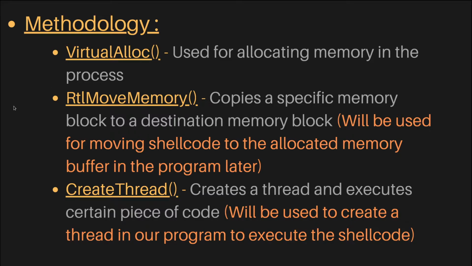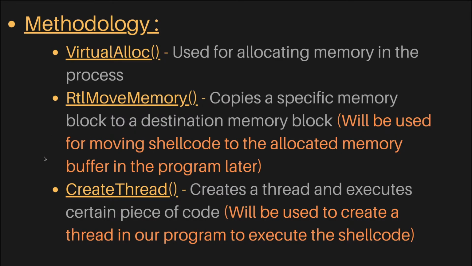So we use the VirtualAlloc function to allocate memory in the process address space, which is basically nothing but some blank bytes in the process, and then we use the RtlMoveMemory function to actually move the shellcode to the allocated memory buffer in the process. RtlMoveMemory basically copies a source memory block to a destination memory block. As I mentioned, we are going to use this for moving the shellcode to the allocated memory buffer, which was allocated by the VirtualAlloc function in the program.